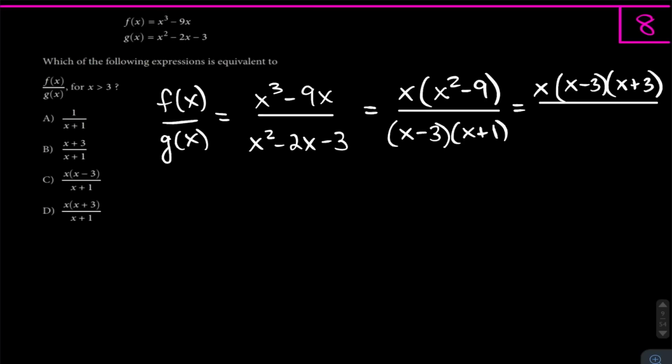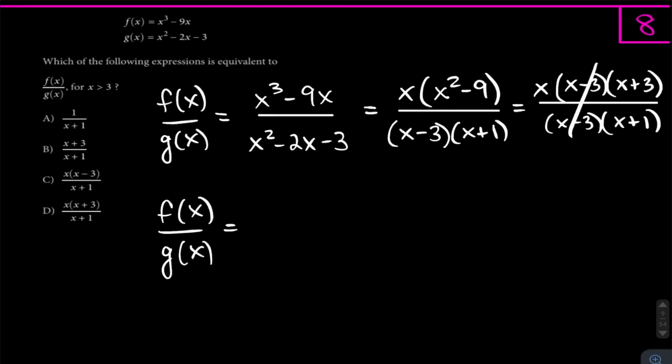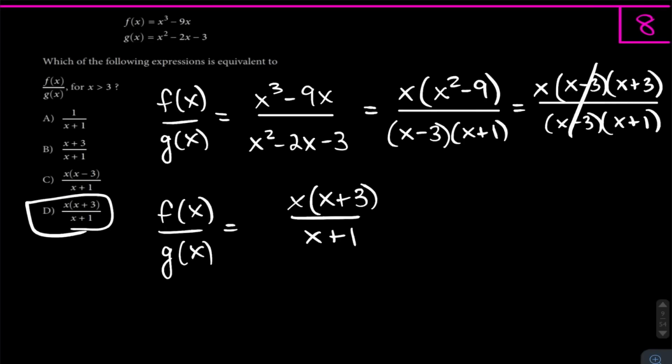And then this is over x minus 3, x plus 1. Notice that the x minus 3's just cancel off. And so you're left with f of x over g of x is equal to x times x plus 3 over x plus 1. And that right there is choice D.